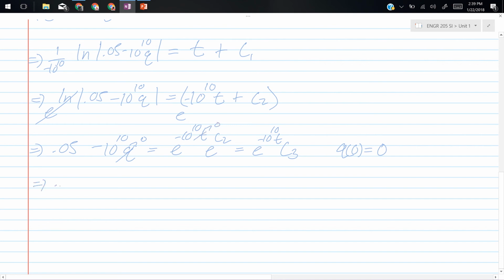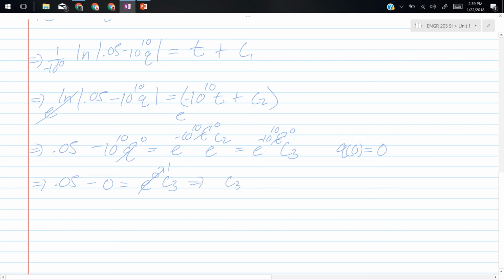So that implies that 0.05 minus 0 equals e to the 0 times C3. I'll also just put that right there so you can see it in each equation. So that e to the 0 is just 1. This is just 0, so I don't need to worry about the minus 0.